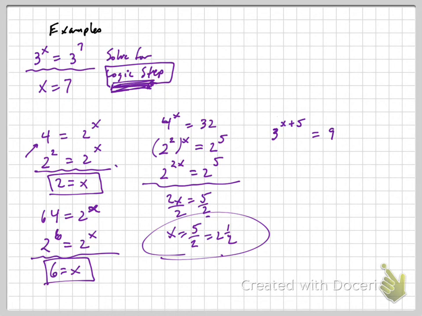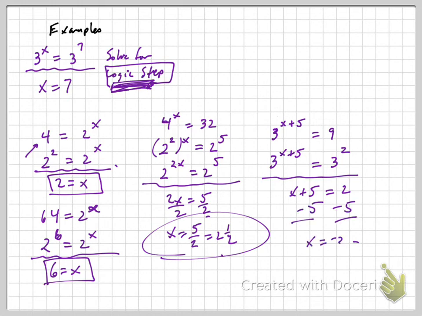There's nothing to do with this one, and 9 is the same thing as 3 squared, so I can logically do my logic step and set them equal. And so I can subtract a 5 from both sides, and I get my answer as x equals negative 3. And there's your answer.